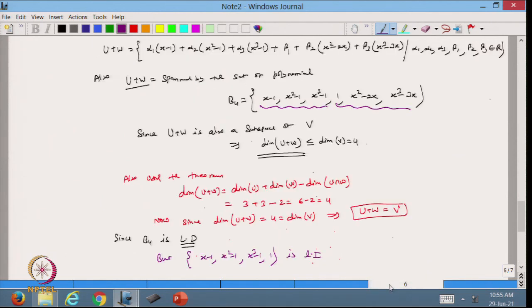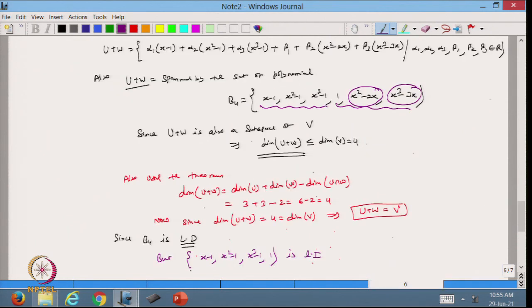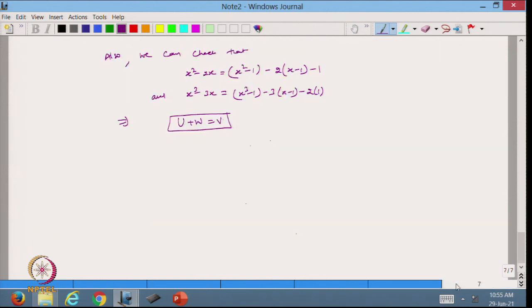So these vectors can be written as linear combinations of the vectors before them. It means that these are linearly dependent and we can remove them. So, u plus w is equal to V, and another basis is this one.